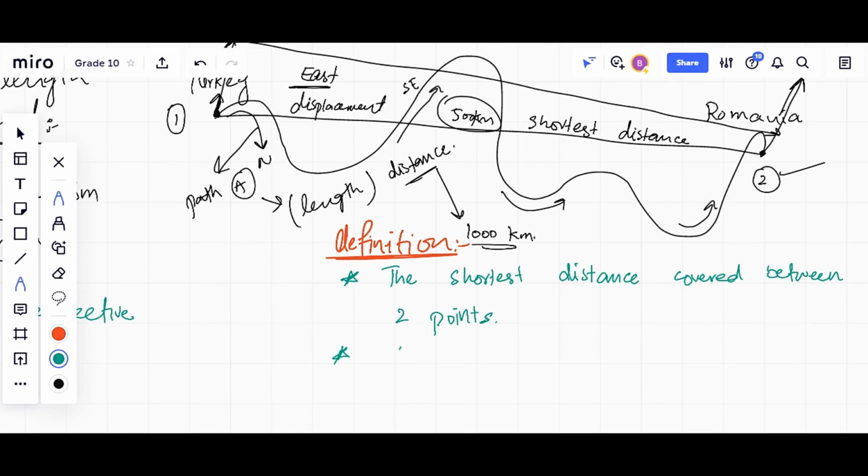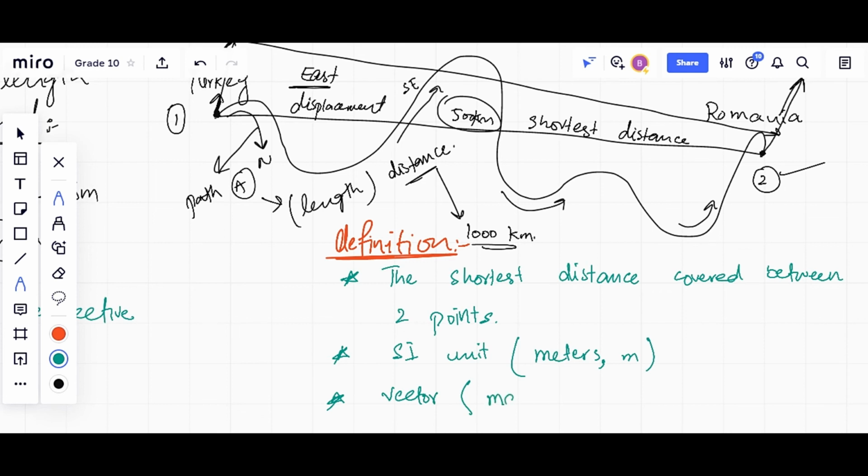Second, its SI unit is also meters, with the symbol small m. Finally, whether it's a vector or a scalar quantity: as we discussed, it talks about direction in its definition, so it's a vector quantity.